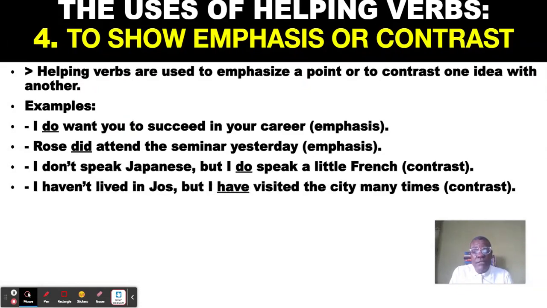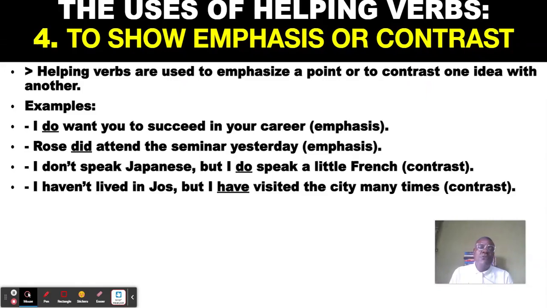I haven't lived in Jos, but I have visited the city many times. Again, this is contrast. In terms of living in Jos, I haven't, but I have visited the city many times. You see, living in Jos, visiting Jos, there are two ideas.